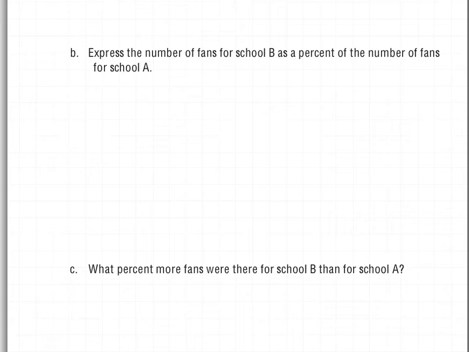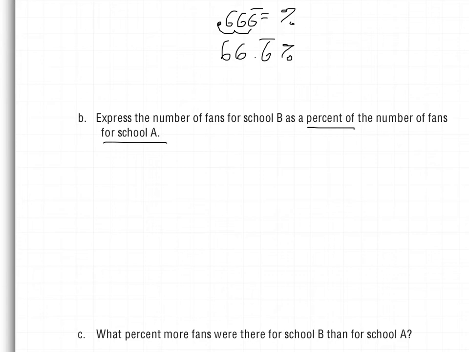Now this asks me to flip it, the percent of the number of fans from school A. So again, as we set this one up, you should have set it up. Percent of what? That's going to tell me what my whole is. My whole is school A, which is 370. My quantity is going to be school B, 555.